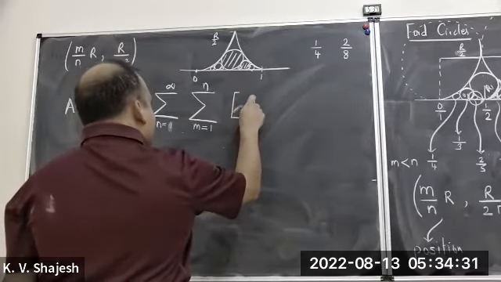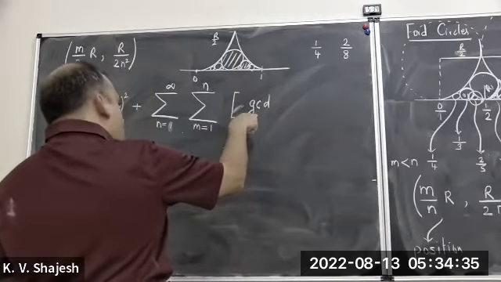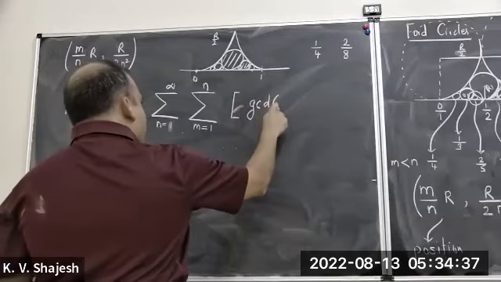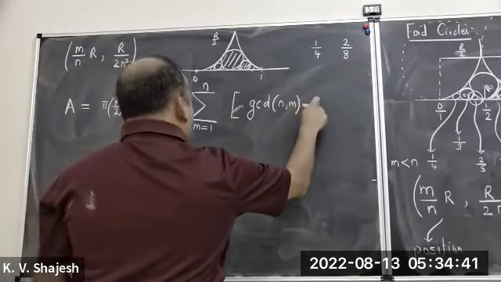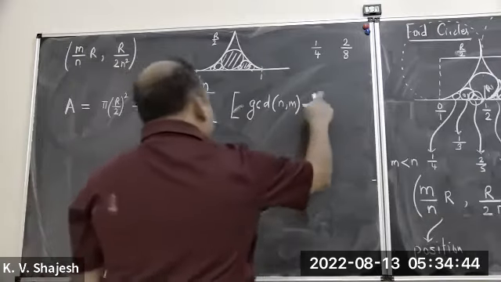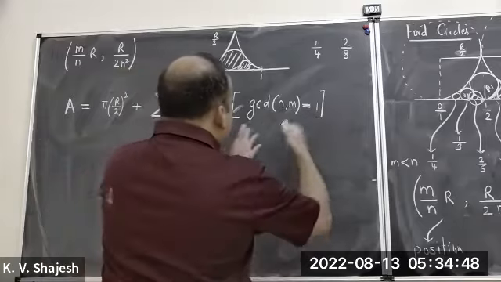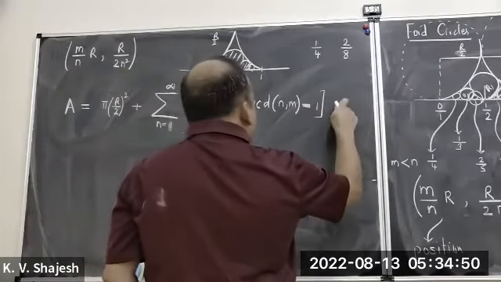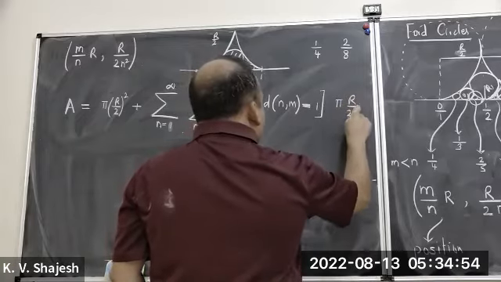You say GCD, the greatest common divisor of n and m. If this is equal to 1, this is okay, good. If it is, then you add them up, right? So then it is pi r over 2n squared.